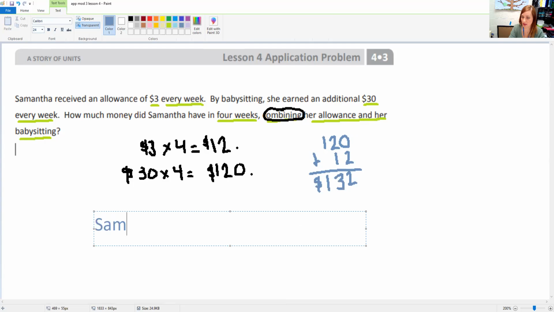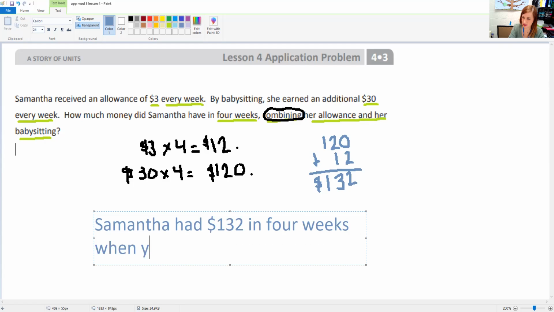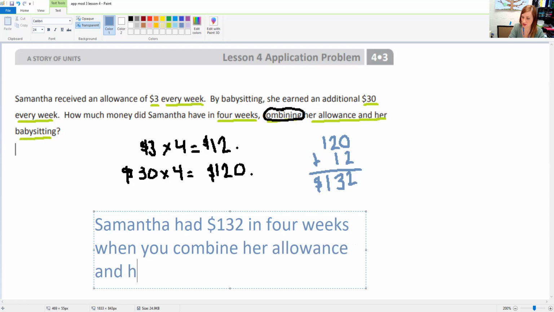We can say Samantha had $132 in 4 weeks when you combine her allowance and her babysitting money.